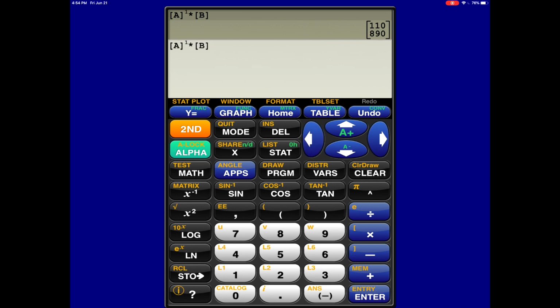And I want to now square my transition matrix, and lo and behold, we got 111, 889. Now, in order to get what's called your steady state matrix, you just keep raising it to higher and higher powers and see where it levels out. And that gives you your steady state matrix. So here, let's do this again. Now let's go to the 10th, right?